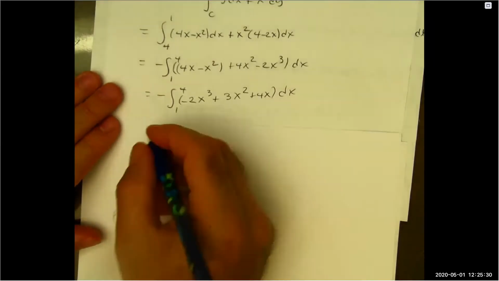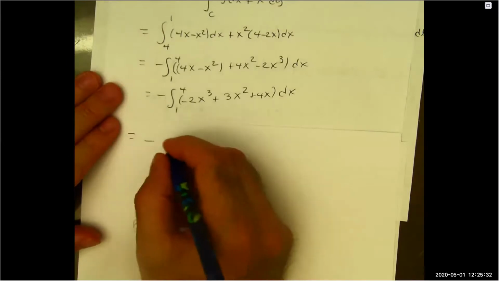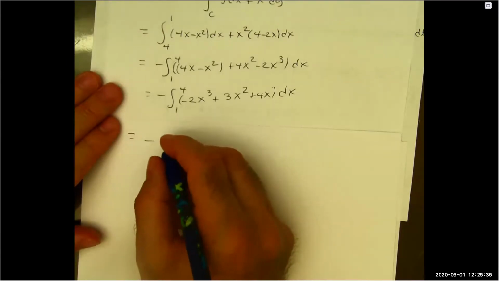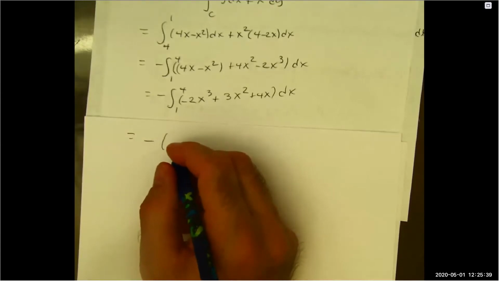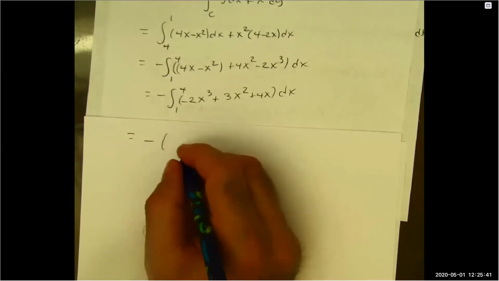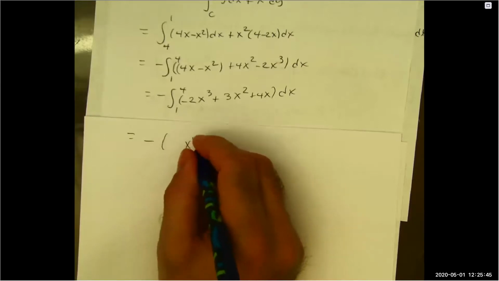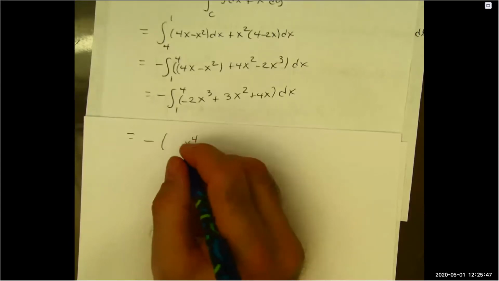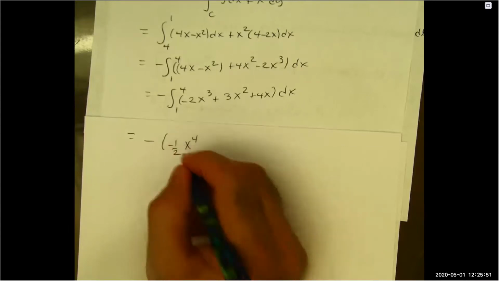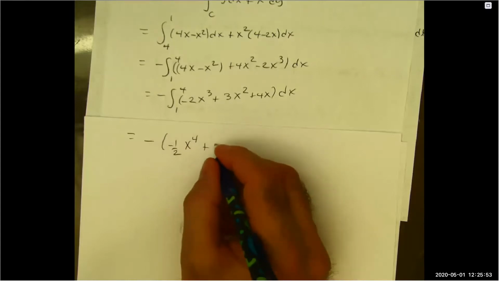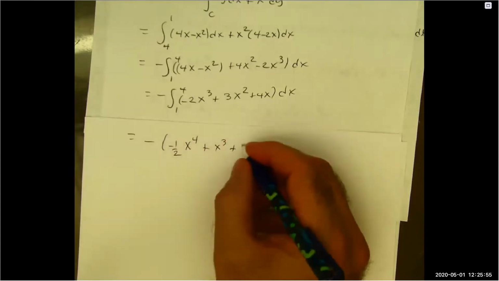All right, so we have minus, and then we can go ahead and integrate this. So we're going to have x to the 4th, and then 1/2 minus 1/2, and then plus x cubed, and then plus the 2x squared.